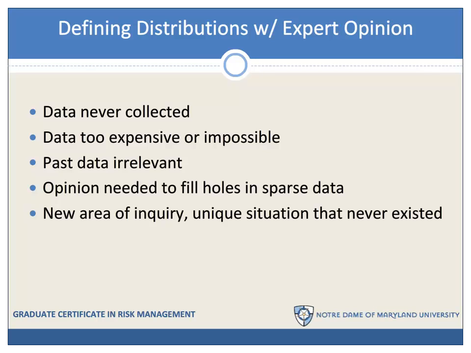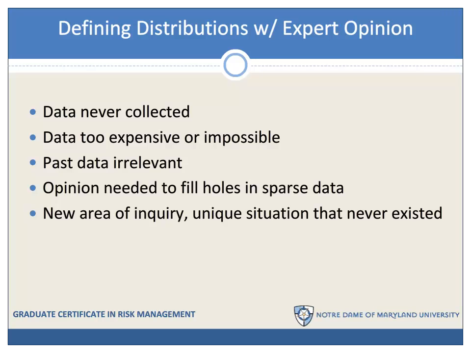But there could be many other reasons for asking an expert long before you get to this step. For example, you might be dealing with a situation where data were never collected. You don't have any information, or the data are too expensive, or it's impossible to get. There are many situations in which past data may be irrelevant.